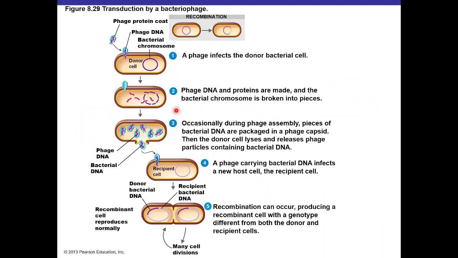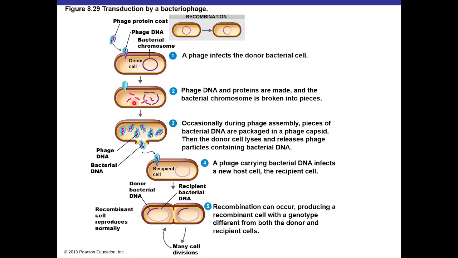And then sometimes what happens with these bacteriophages is what we call transduction. So in this case, the phage will infect this donor bacterial cell, and then the phage DNA will make proteins, and the chromosome of the bacteria is broken into pieces.